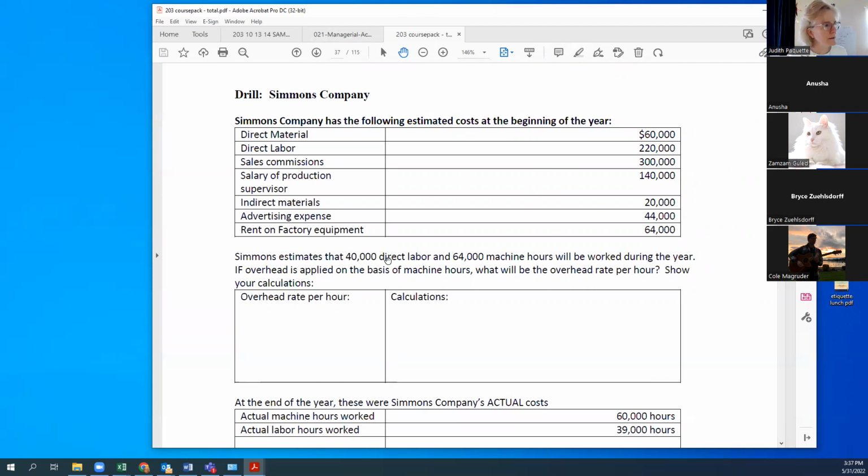They're estimating 40,000 labor, 64,000 machine, show your calculation. So this question is saying, what is the predetermined overhead rate? See if you guys can work on that for 1 minute and give me that rate. I'm going to set my timer. Okay, here we go, starting now.